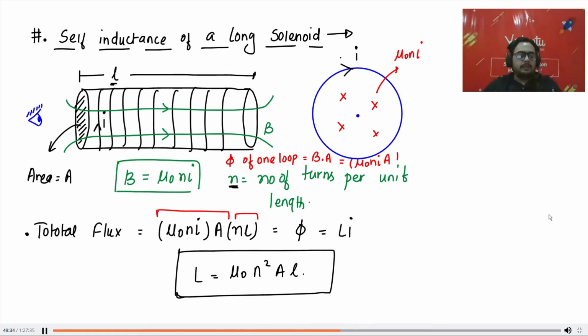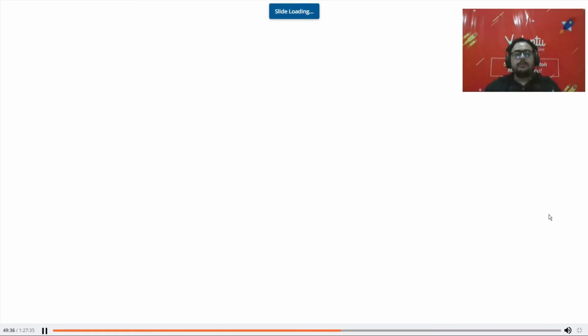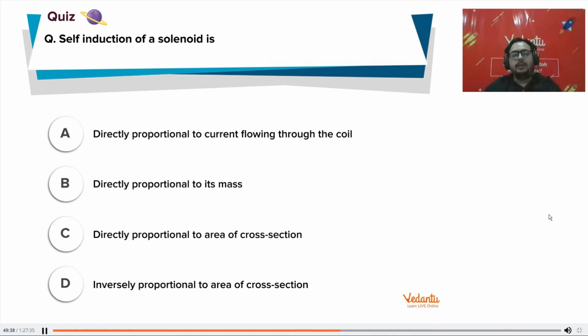So here is the quiz in front of you. Self induction of a solenoid is. Please read the options carefully. I'll give you 30 seconds to read and then we will vote.